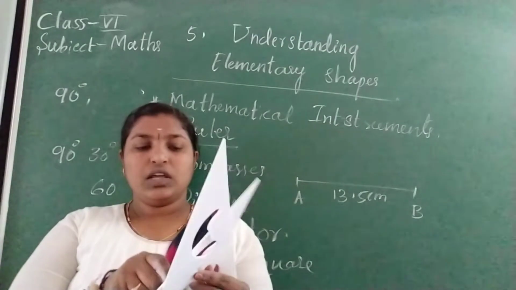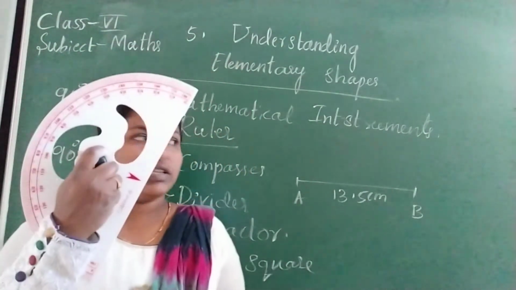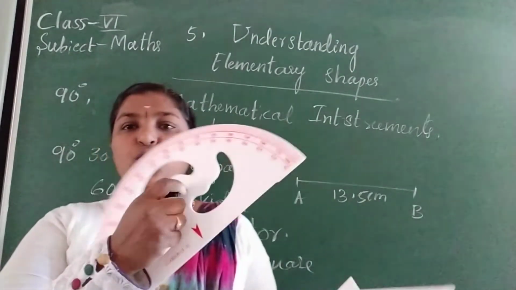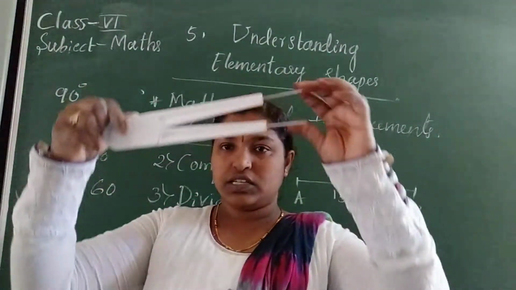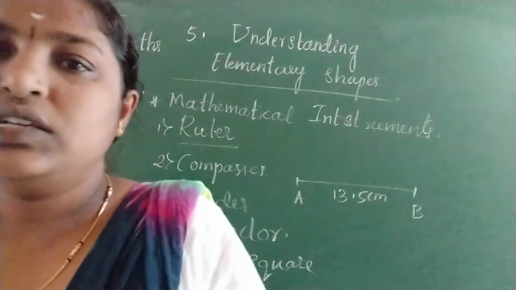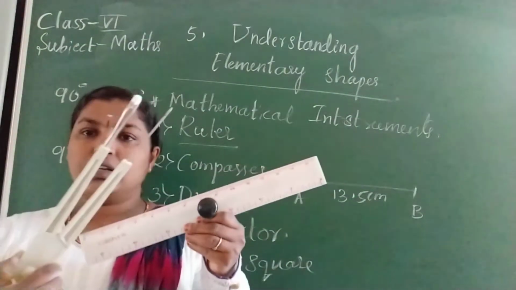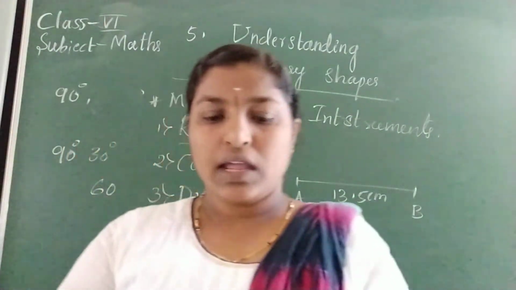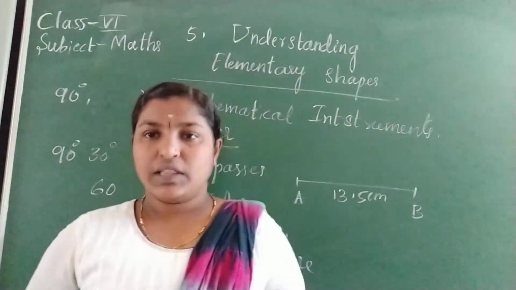These all are the instruments of mathematics. This is protractor and these are the dividers. See, this one is divider and this is ruler and compasses. So now I hope you know about the instruments of mathematics.